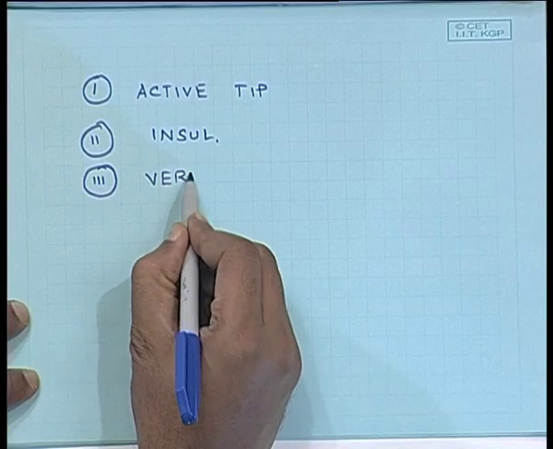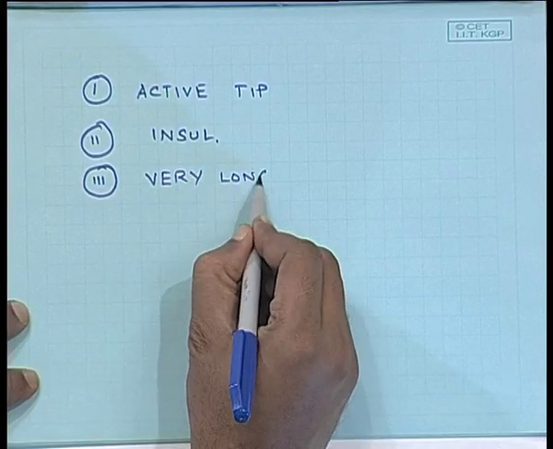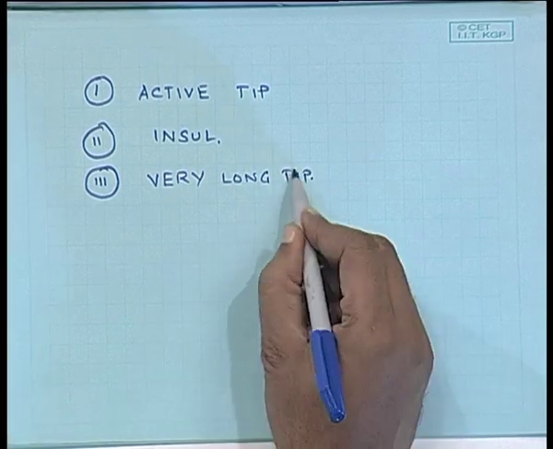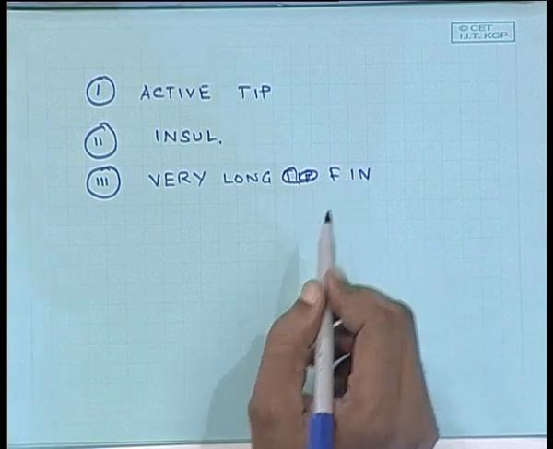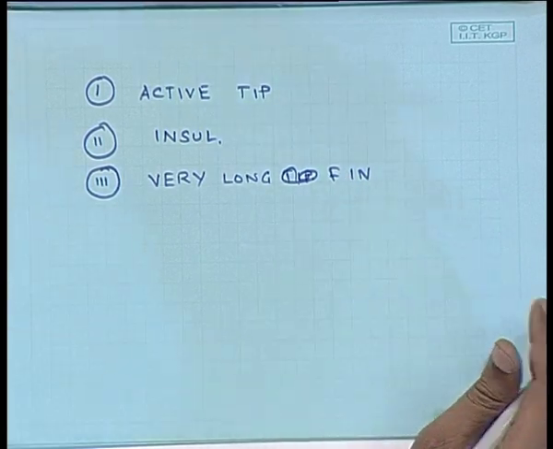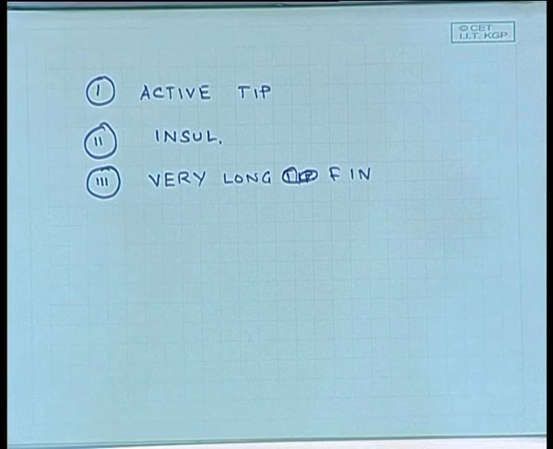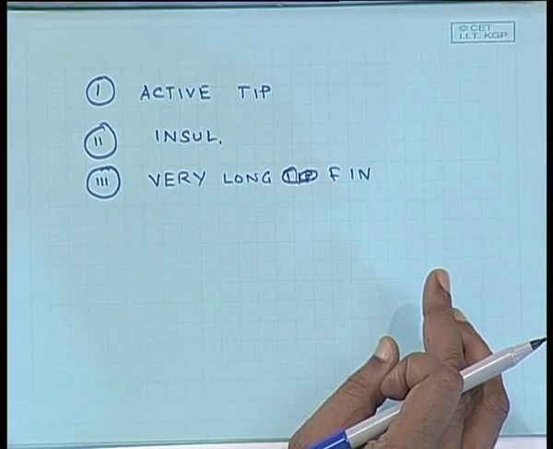That means for a very long fin you have what is like an insulated tip again. So, the third possibility could be a very long fin. For each of them, as I said, you can solve the problem with a slightly different form of the solution.